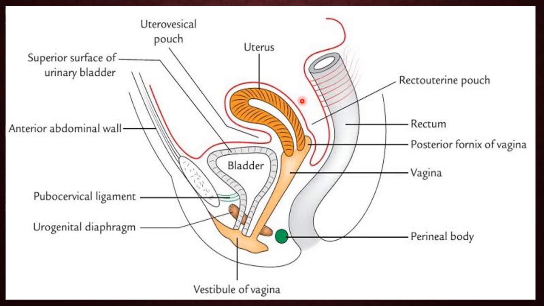This is important pathologically, as ascitic fluid or any fluid which collects in the abdomen also collects in this pouch of Douglas and may cause problems.